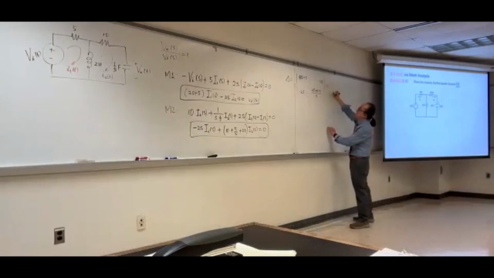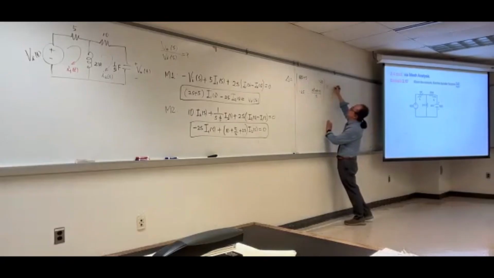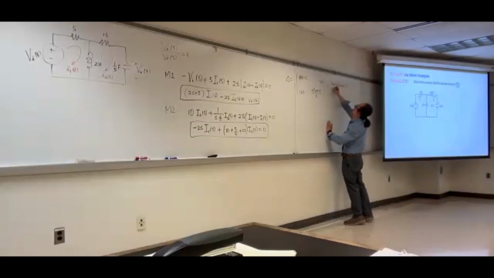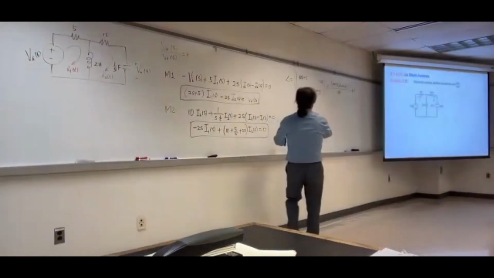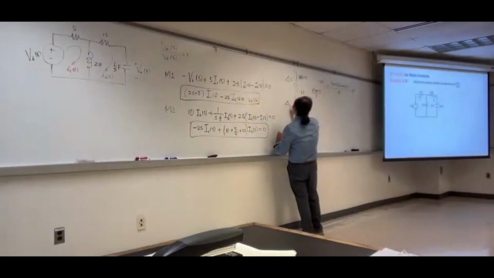That is AD, 2S plus 5 times 2S squared plus 10S plus 5 over S, minus BC for S squared. And then we can do delta 1 and delta 2 to solve that.